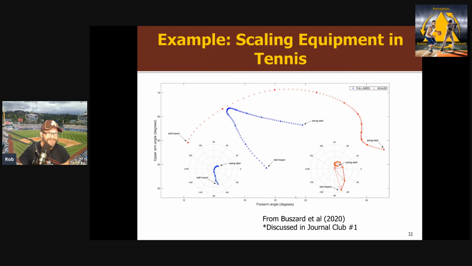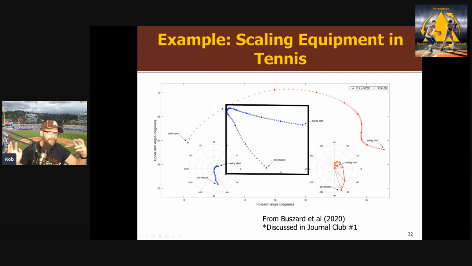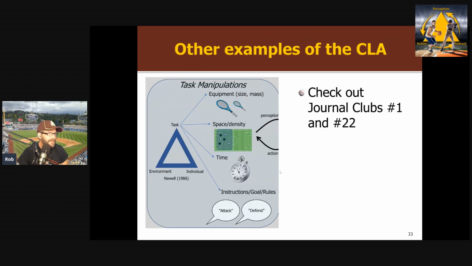And so to me, this wonderfully illustrates kind of the same concept. The traditional approach is putting you in this box. Here's where I want the solution to be. The ecological approach of using the CLA is allowing you to explore much wider parts of the field, much wider range of the solution space. So that is what they actually look like, just so you know. And again, we went into detail about this in that journal club. We talked about this paper if you're interested. Okay.